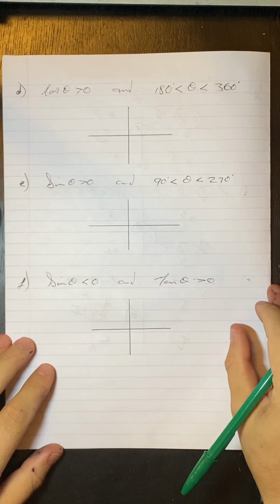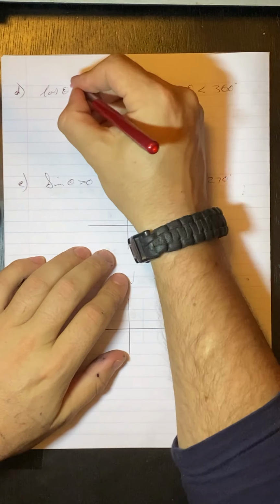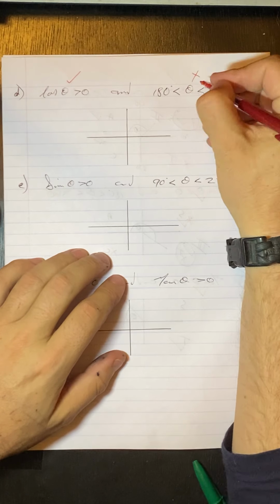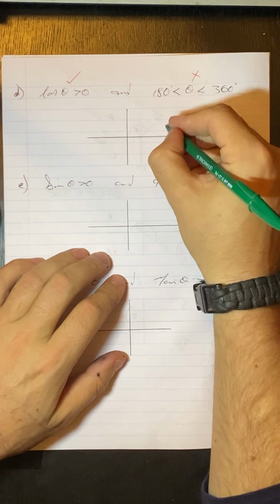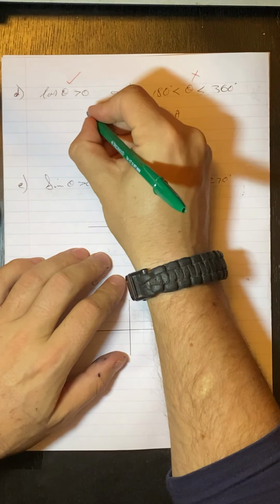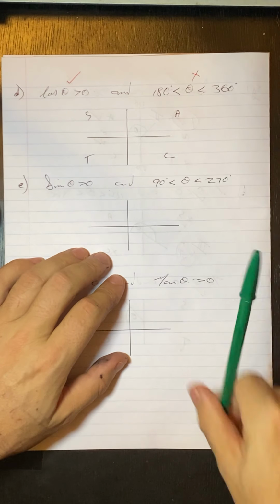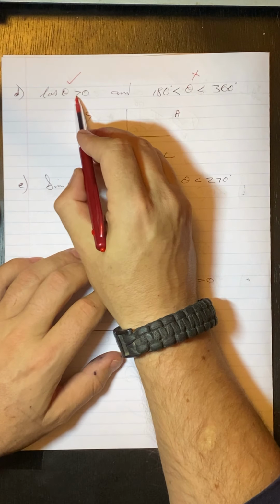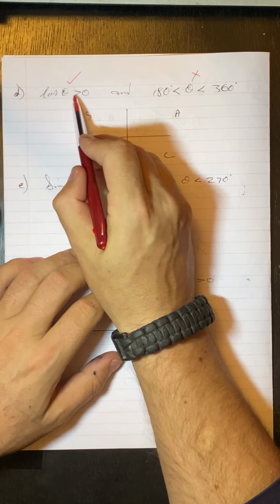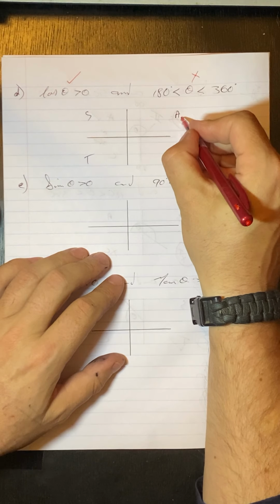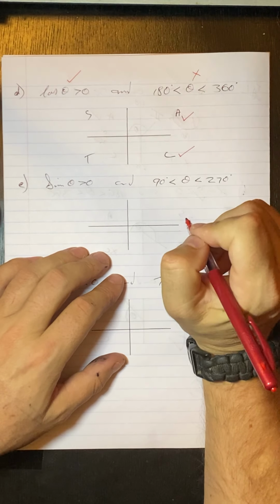Last 3, grade 10s. Okay, again, I'm going to mark this one with a tick and this one with an X. Draw in our CAST diagram. This one is saying cos greater than 0. In other words, where is cos positive? So all positive there and cos positive there.